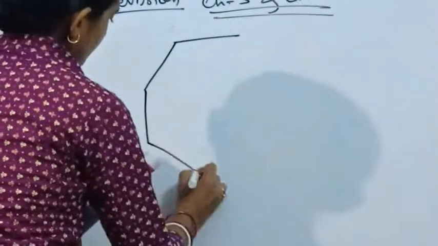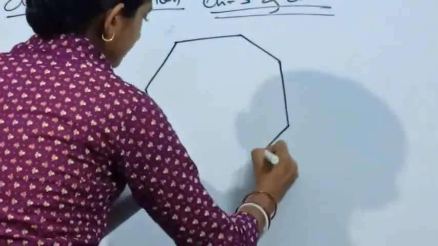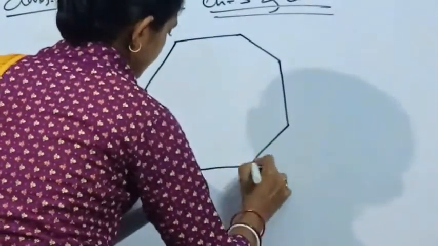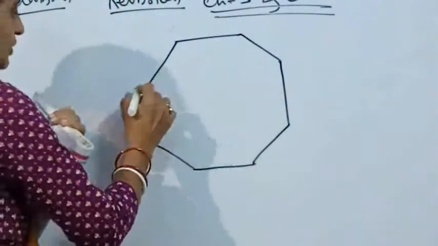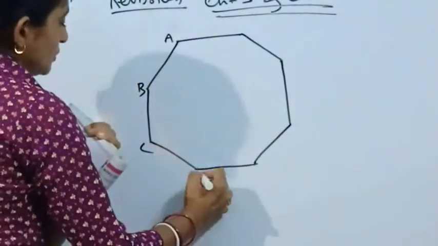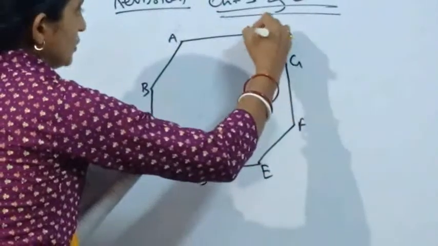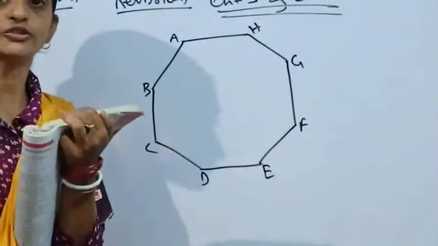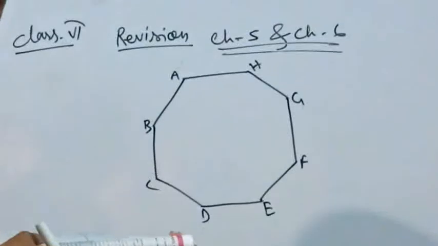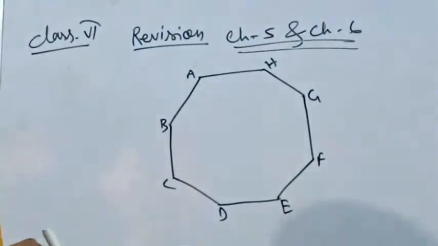Let's go for this. See, I am naming this one A, B, C, D, E, F, G, H. Now you have been asked to join some of the vertices so that you will get a square by joining exactly 4 of its vertices.